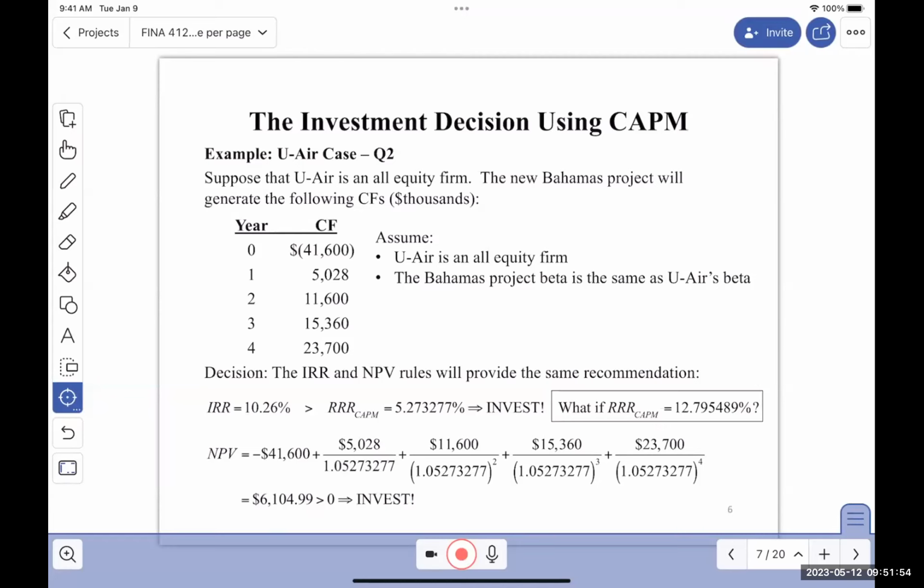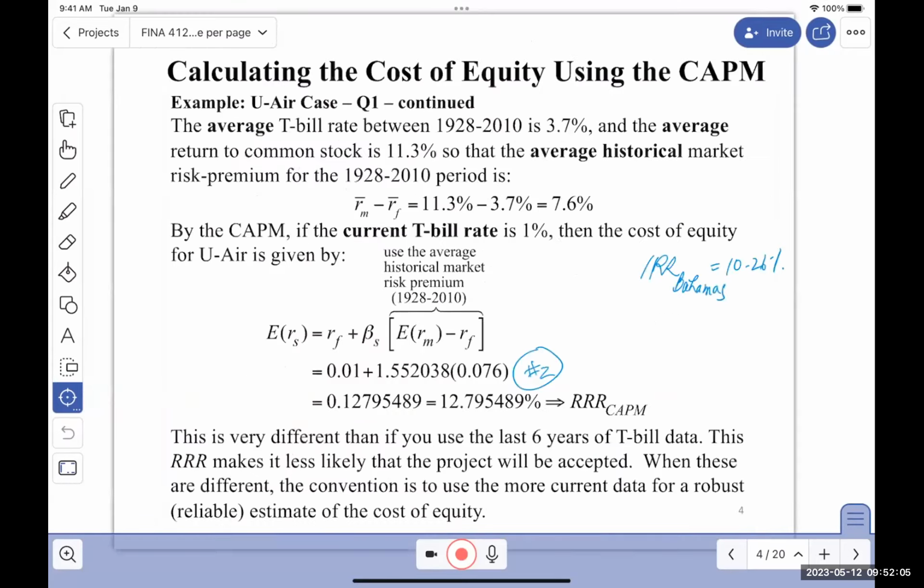When they're the same, nobody really cares. When they're similar, we use the lower R. Well, not because it's lower. We use the lower one because we use the logic and said, remember what I said here. This is very different from if you use the last 6 years of data. This discount rate makes it less likely that the project will be accepted.